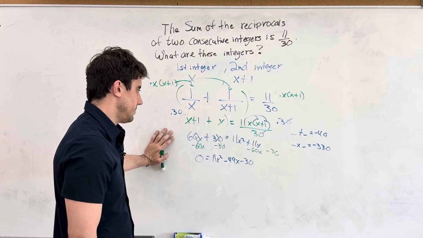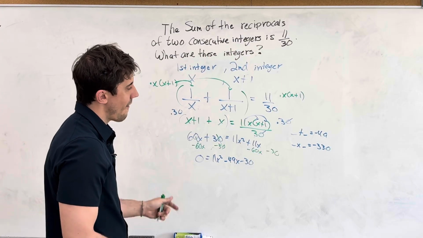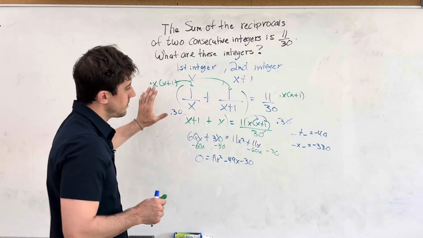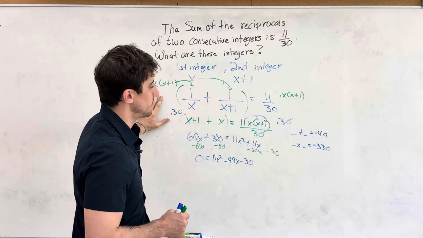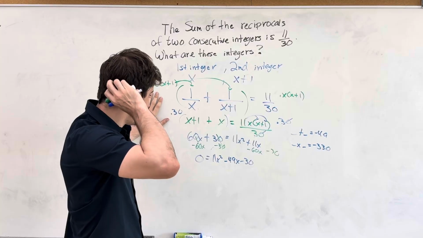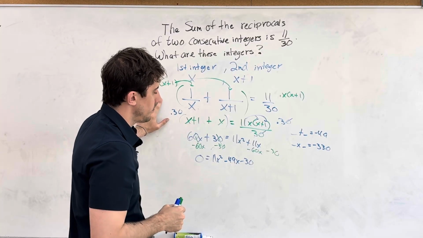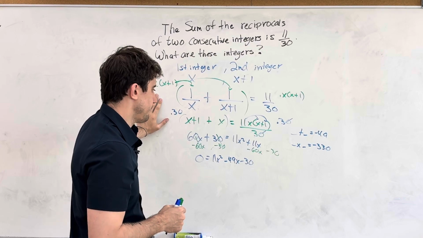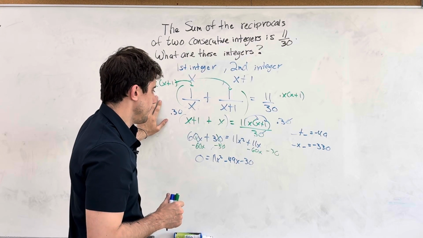What could we do? Let's think this one through. 33 and 10 won't work. 30 and 11 won't work. What else do we have?